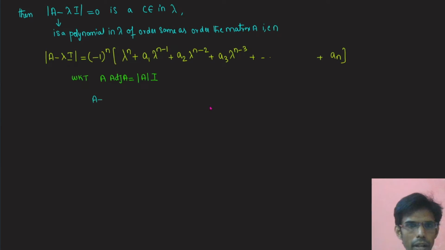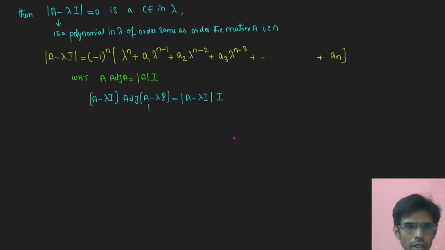This will become A minus lambda I matrix into adjoint of A minus lambda I equals determinant of A minus lambda I into matrix I, or we can say I n of order n, or take directly I only.